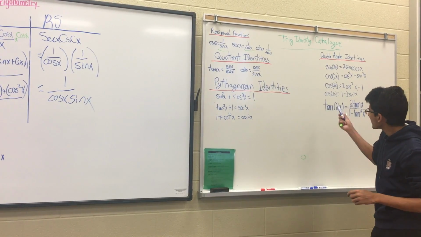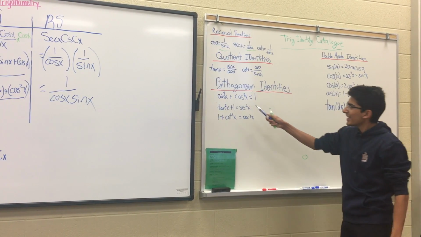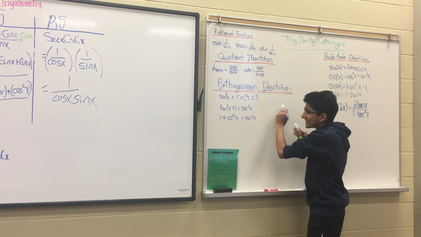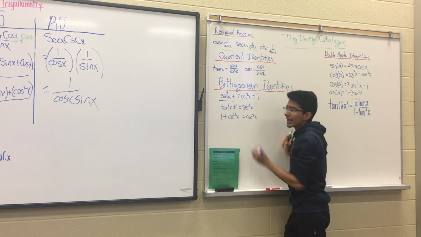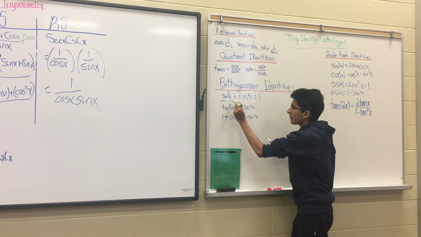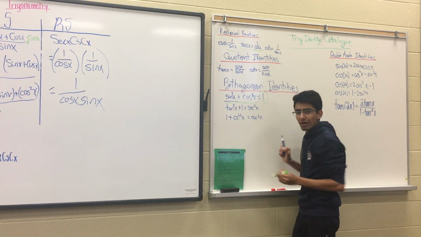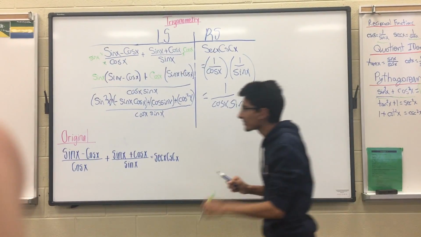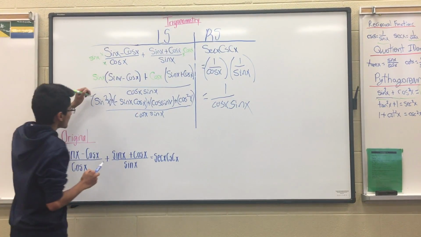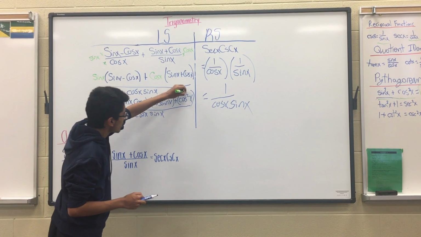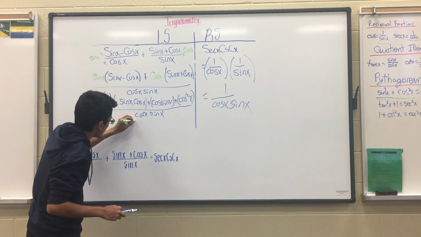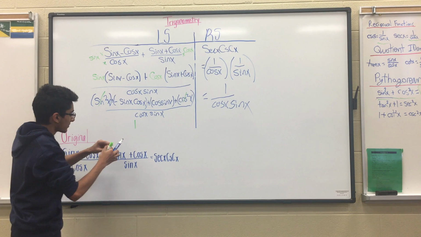If we look through the trig identity catalog, we can see in Pythagorean theorem identities that sin squared x plus cos squared x is actually equal to 1. So let's go back. Let's cross these out, and let's add a 1 on the next line.